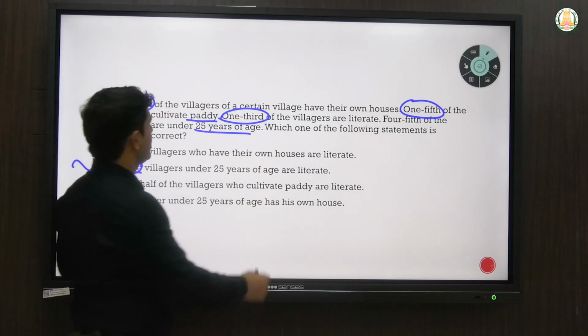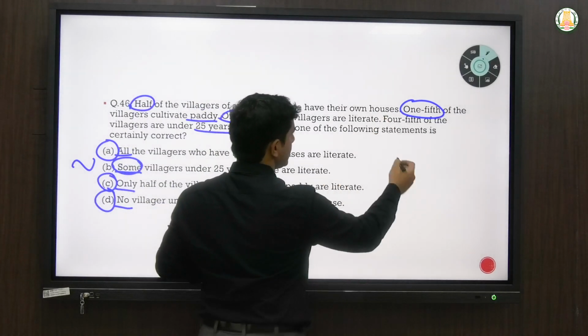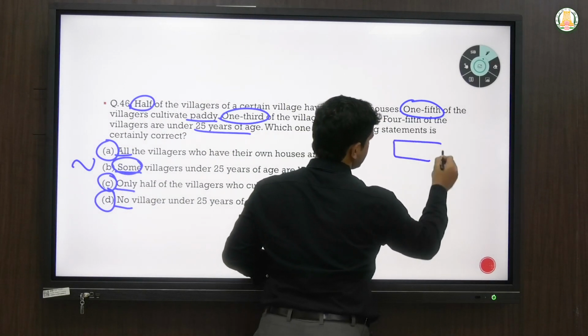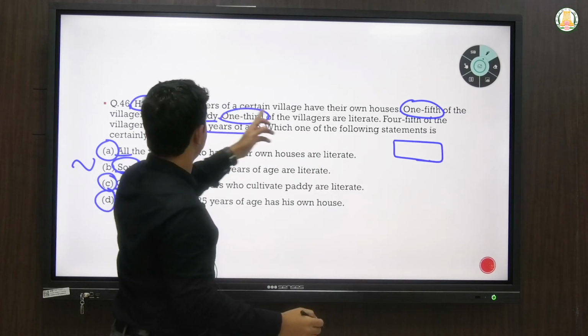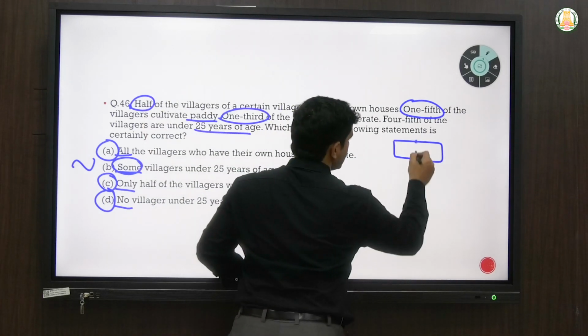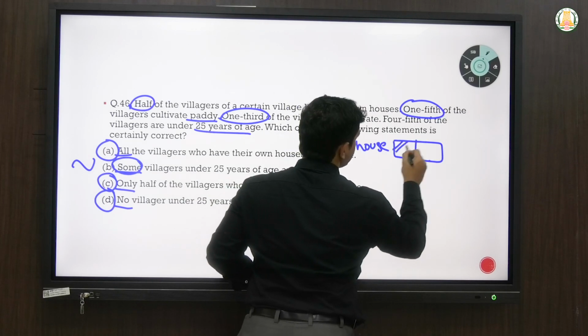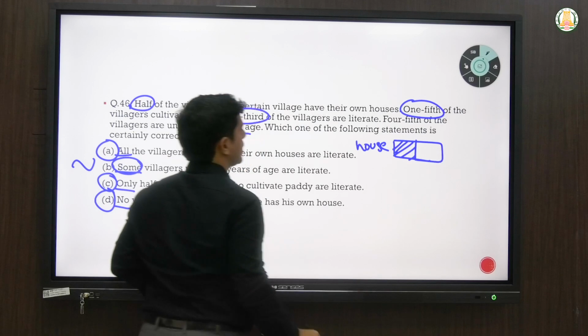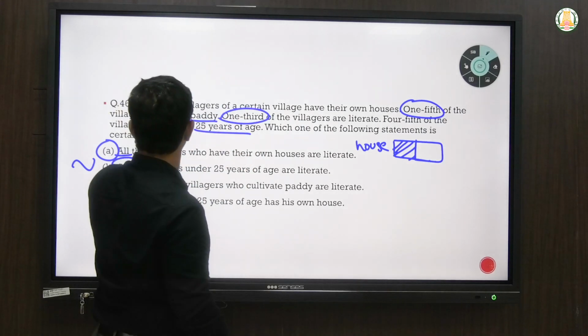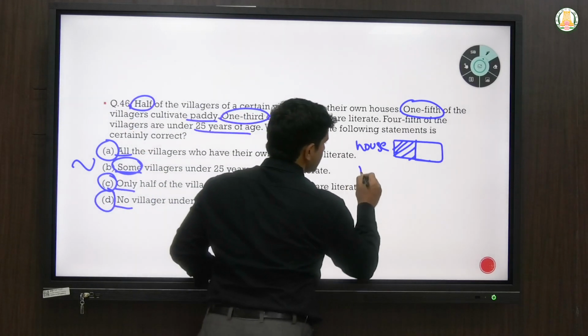So if you go about it, you can represent this in some kind of a square or rectangle diagram. Half of the villagers of a certain village have their own house. So let's say house, half of them have a house, half of them don't. 1/5 of the villagers cultivate paddy.